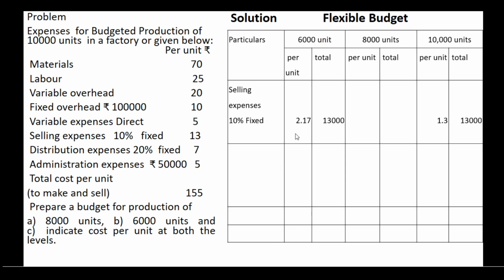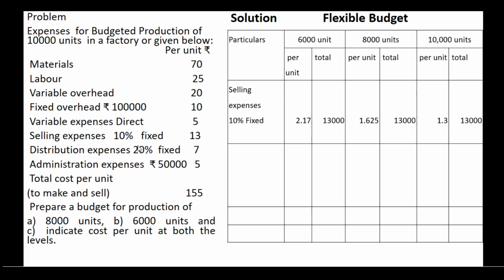So the cost per unit is 2.17. Under the 8,000 units, the amount is the same, that is 13,000 rupees. The cost per unit is calculated as 13,000 divided by 8,000. So now the cost per unit is 1.625. So in fixed, the amount remains the same, but the cost per unit keeps changing.